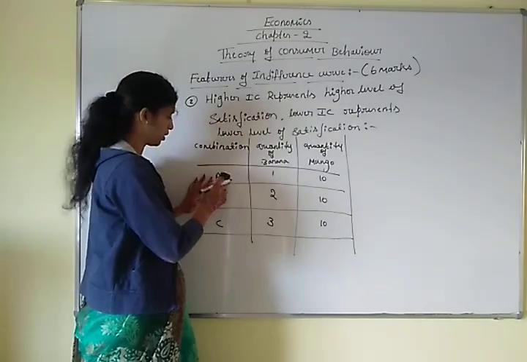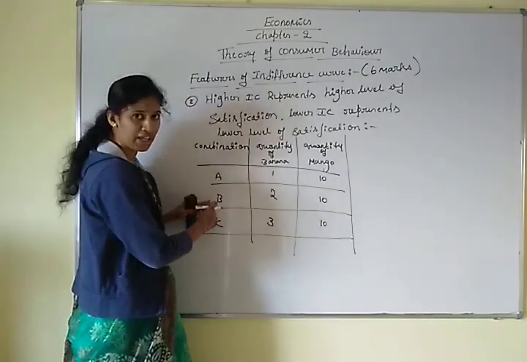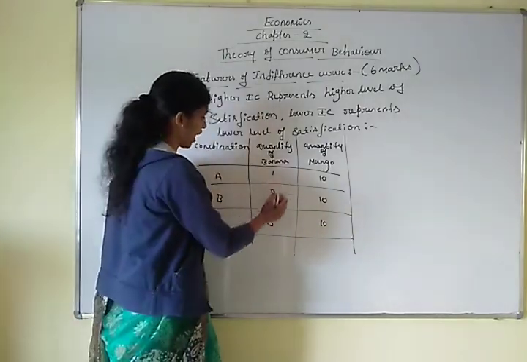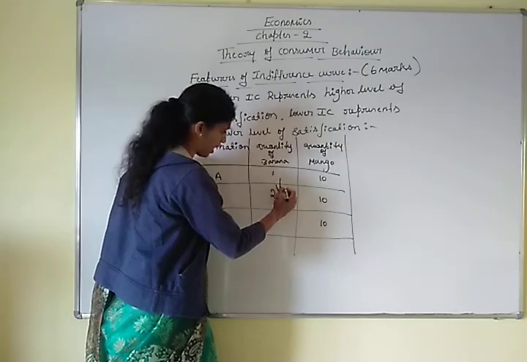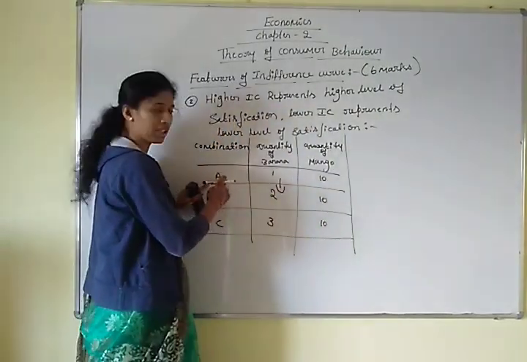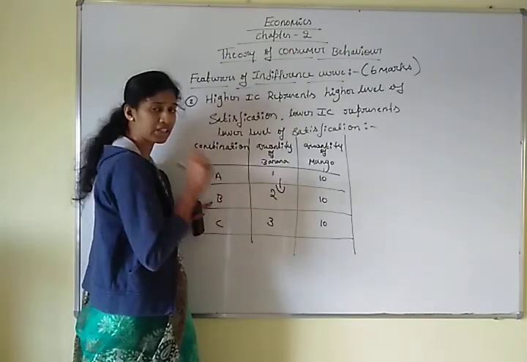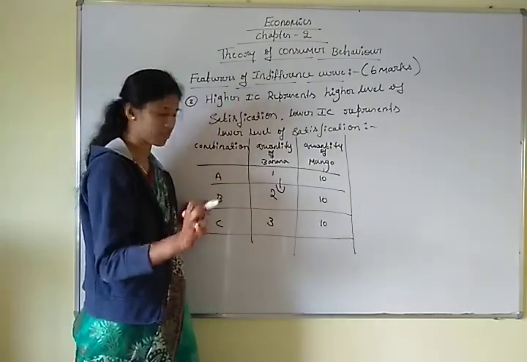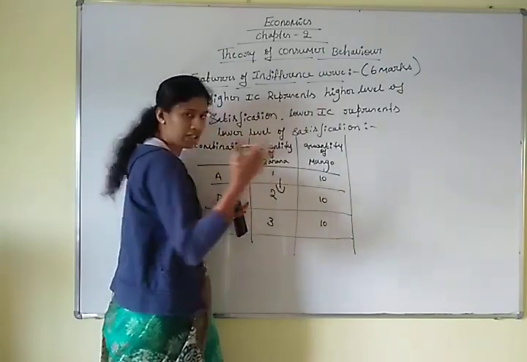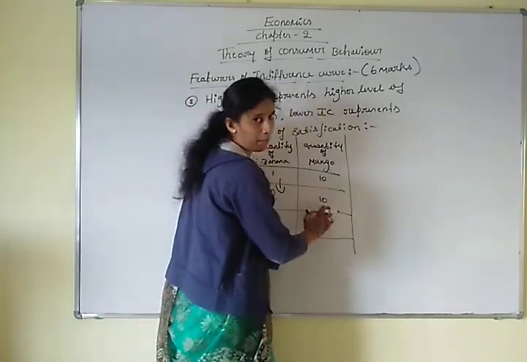Compared to combination A, combination B gives more level of satisfaction because it has increased the banana but same level of mango. The bananas increase but same level of mango.